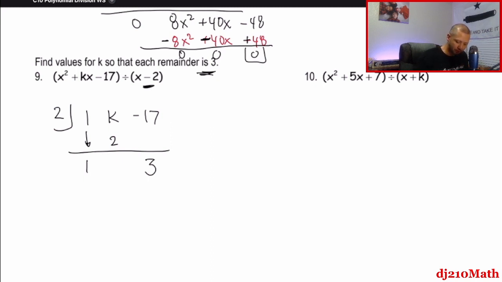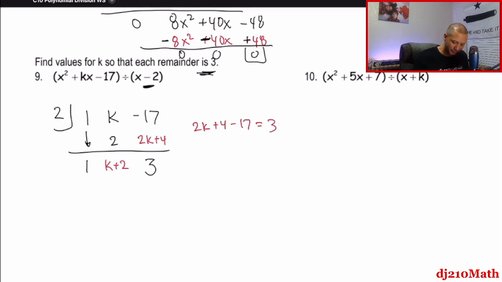If we push forward, k plus 2, then we times it by 2. So k plus 2 times 2 will be 2k plus 4. Now when we add these up, 2k plus 4 minus 17 is equal to 3. We want it to equal 3.